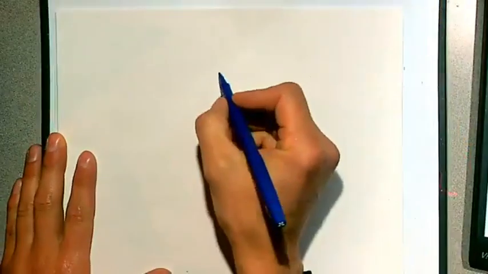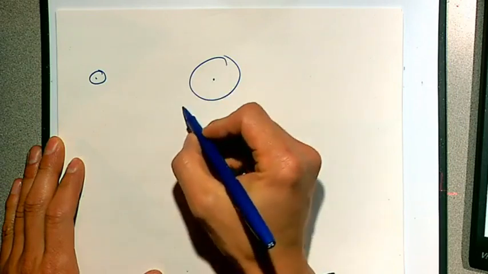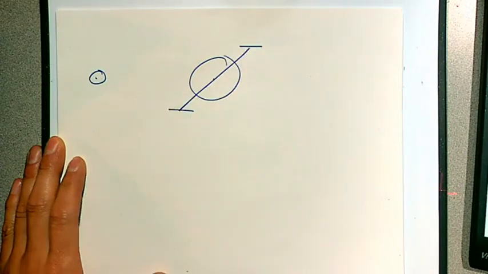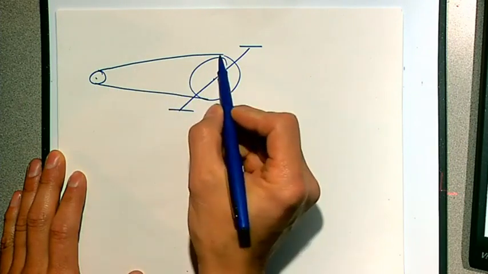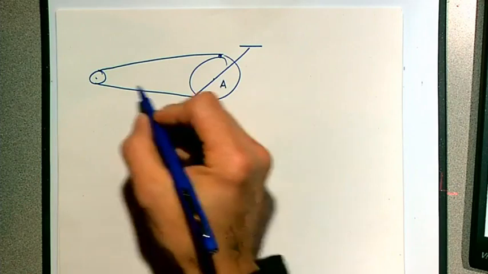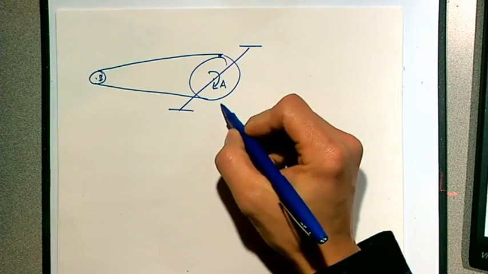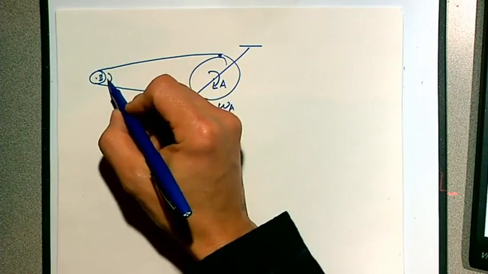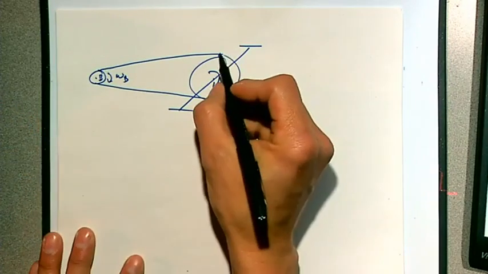If you're a bicycle guy, here's my pedals in the front, but now I got a chain, right? Connecting these things. The story's still the same. If this is A and this is B, but now omega A and omega B are certainly going to go in the same direction, and your shared velocity point that you need to think about is your chain.